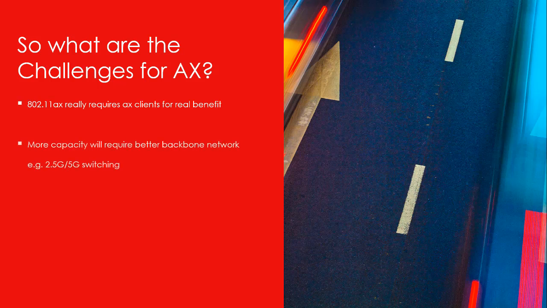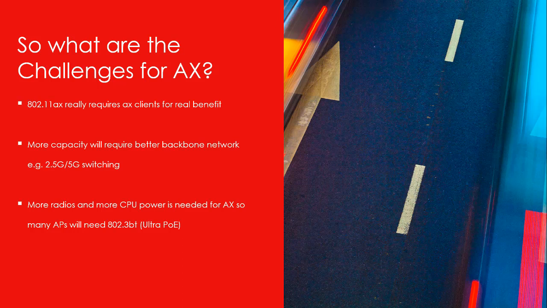More capacity on each AP really means that the backbone network will be relied on to deliver that into the network and establish the connectivity throughout a network. So we'll start to see 2.5 gigabits per second and 5 gigabits per second switching being introduced as the norm when AX becomes mainstream. Another challenge is that we have more radios, so we require more CPU processing power in order to accommodate resource units, the calculations, the algorithms required, the color coding.